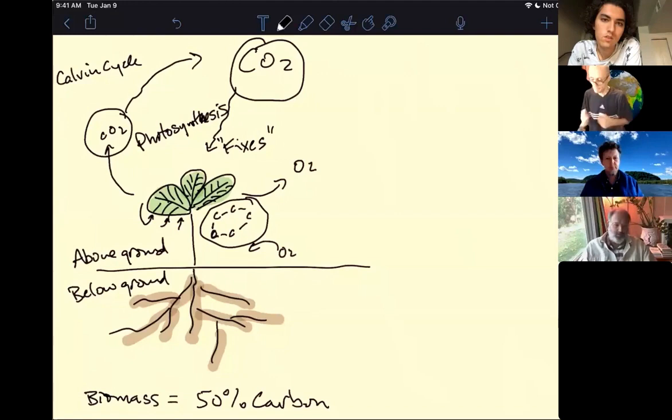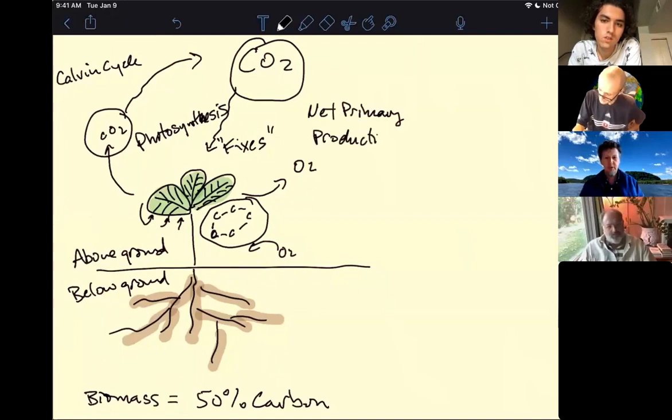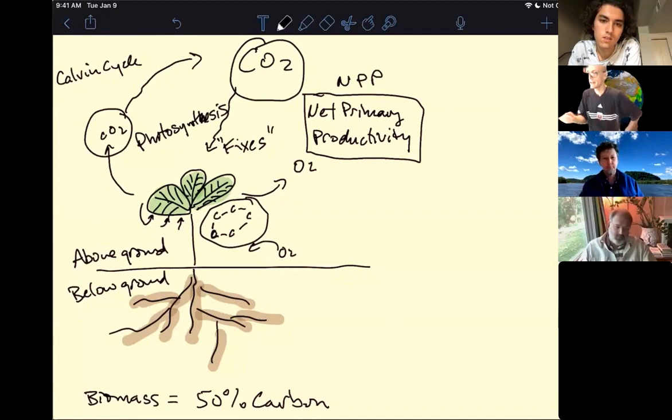There we go. Net primary productivity. NPP. This is an important thing, because that's what's left over that makes the biomass that we can also utilize as part of agriculture, or feed to our animals, or use directly ourselves.